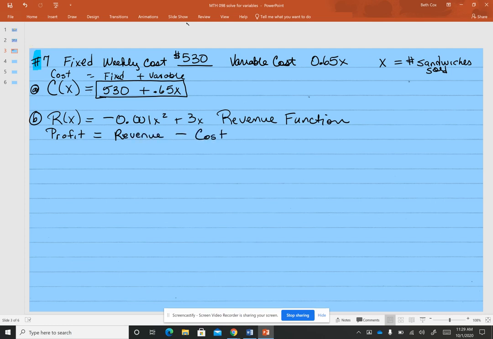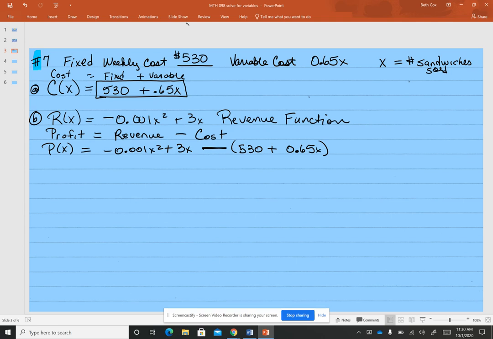If you know anything about business, you spend money and then you make money. The cost is what you spend and the revenue is what comes in. You don't actually have a profit until you subtract those numbers and see what's left over. So our profit function is the revenue function, which is what they gave us, minus the cost function that we calculated.